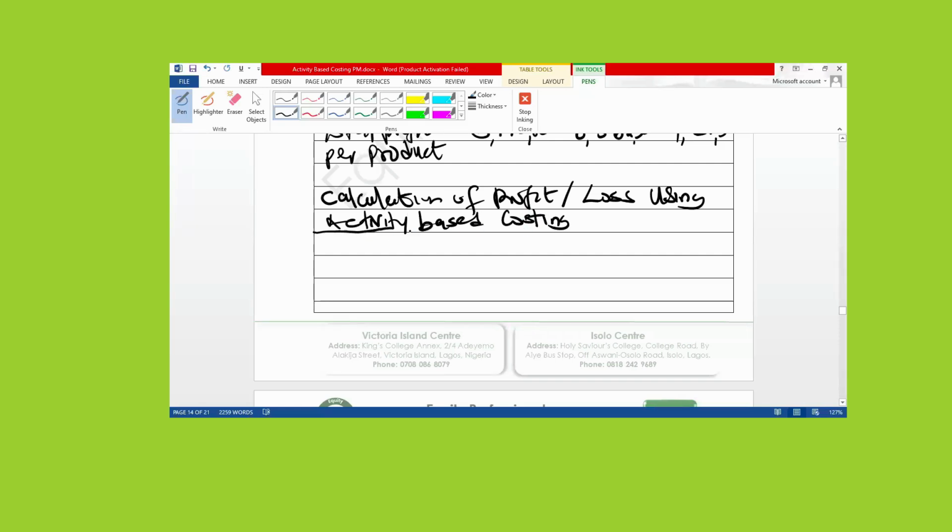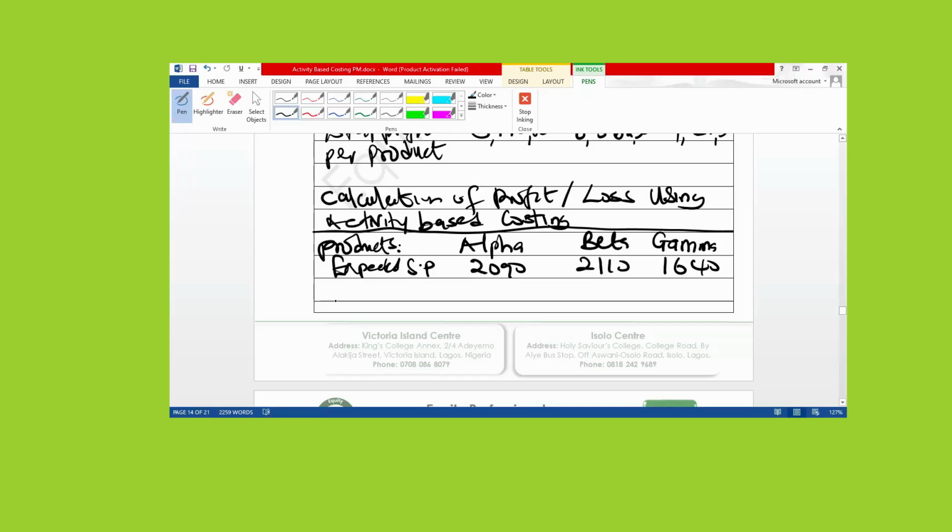When you underline, then your products: Alpha, Beta, and Gamma. Your expected selling price will not change: 2090, 2110, 1640. Now, production cost using activity base.